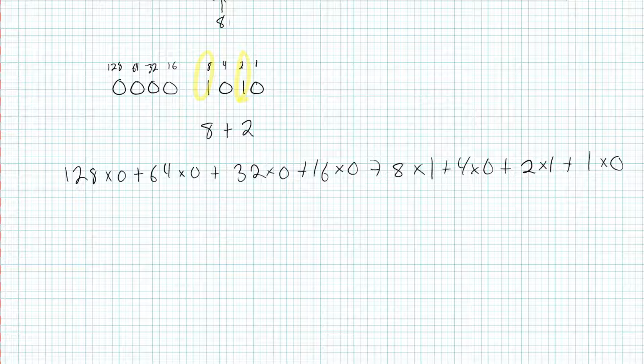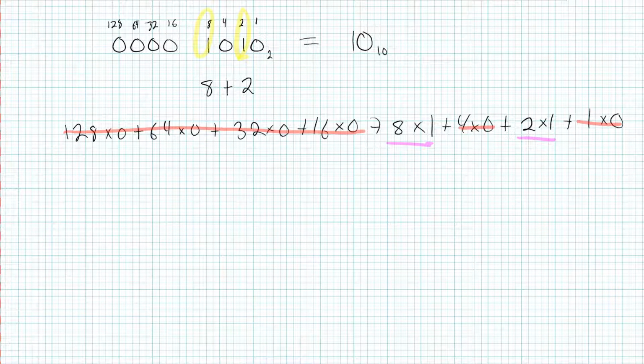So if we're looking at this value, the only times we're multiplying by a 1 are those two cases, and all these other cases are just going to evaluate to a 0. So there's not really a point in including them. So if we get 8 plus 2, I'm going to write it back up here. The base 2 number is equal to 10 in base 10. Didn't really mean to pick one that was 10 in base 10.